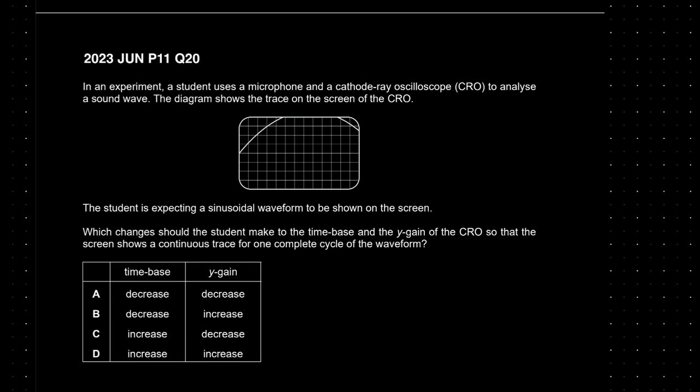So as you can obviously see right now, the wave is going out of the screen like this. So you would probably want the wave to be something like this. So you must make the wave narrower. To make the wave narrower, if I just write down the equation, the time period is time base times horizontal divisions, right?